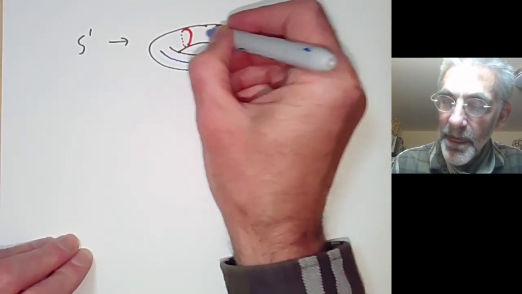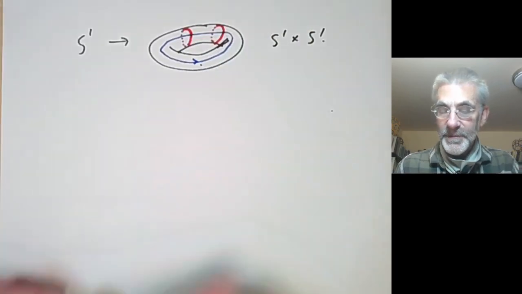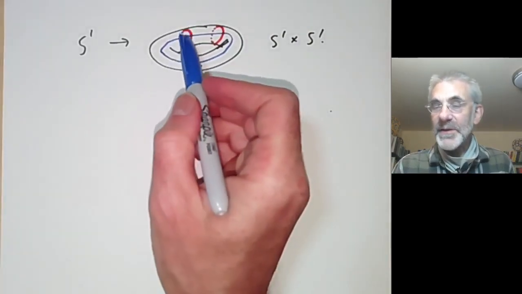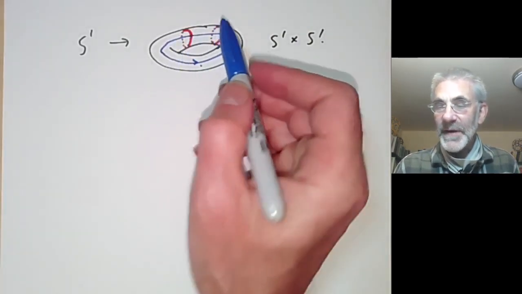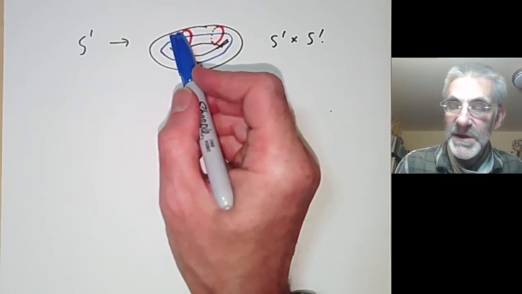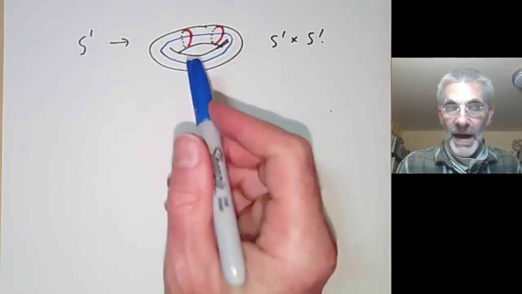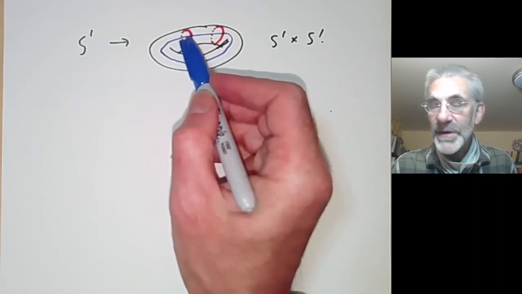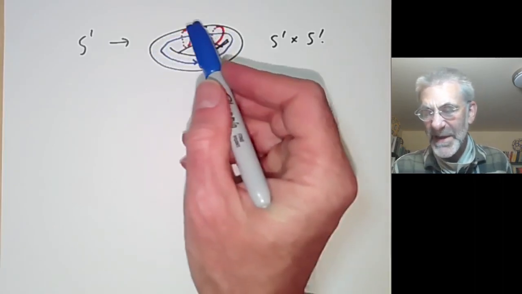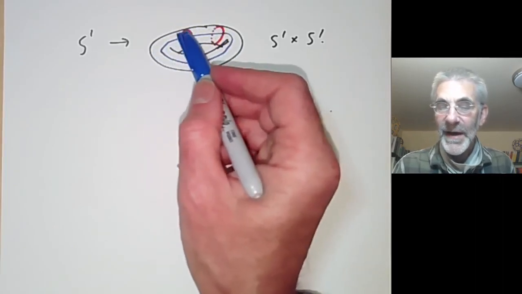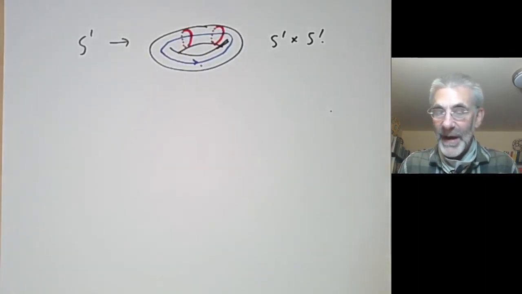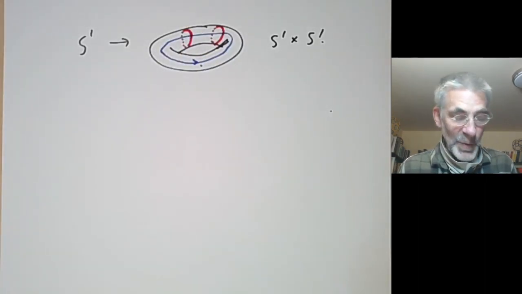It could go round like that. And you can see these two red images of S1 are kind of homotopic because you can slide one into the other. And it's very plausible that the red one is not homotopic to the blue one. There seems to be no obvious way to slide this red map into the blue map. And later we will see that they really are different.